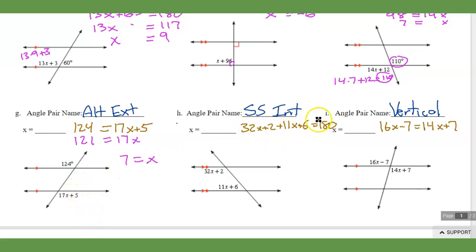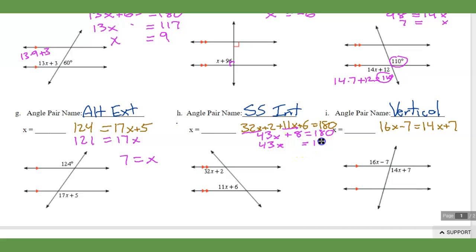Here we got a bunch of stuff on one side. Combine all that together first. So 32x, 11x is going to be, what, 43x? Combining those two together. And 2 and 6 make 8. Subtract 8 on both sides.